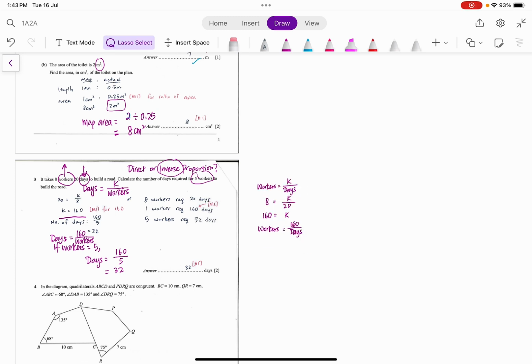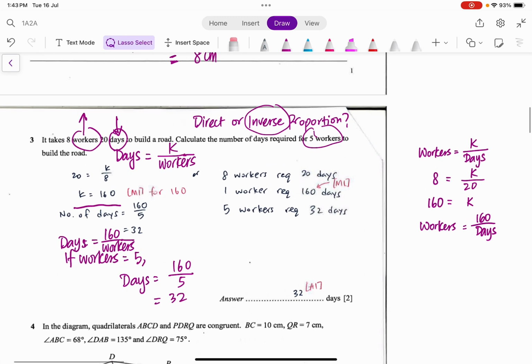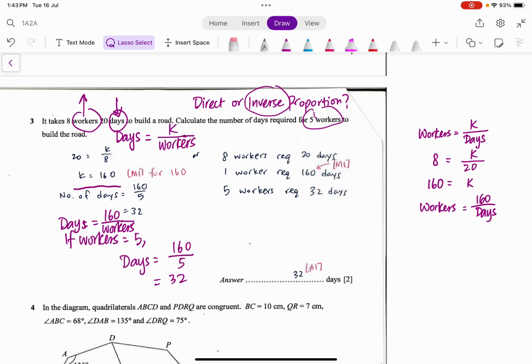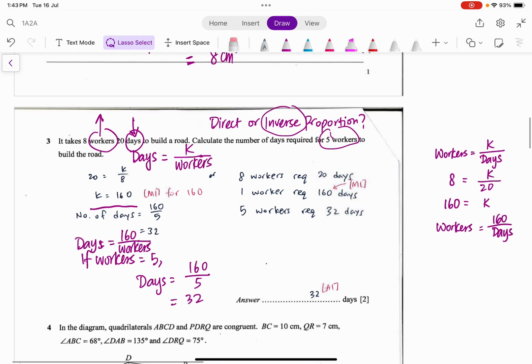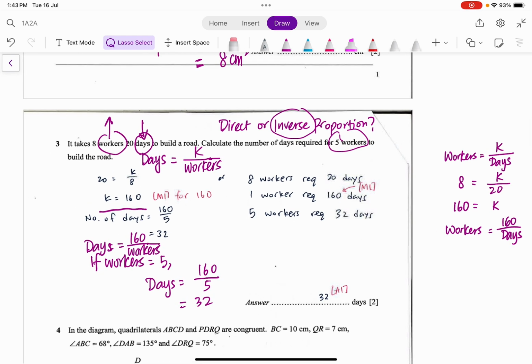Okay, now let me show you this second method here. Okay, this is the other method. Needs a bit more common sense, but some of you may like this method. Okay, so 8 workers need 20 days, right? If I have 1 worker to do the job, how many days do I need to finish the whole road by that person alone?